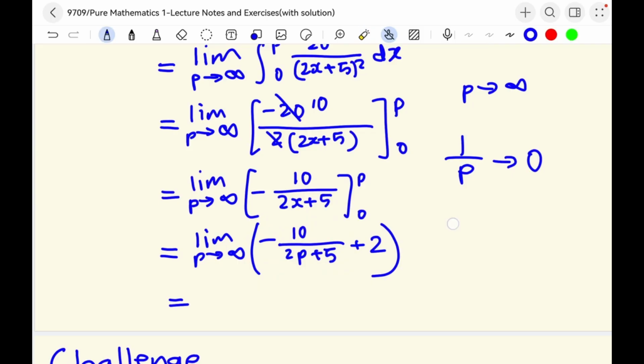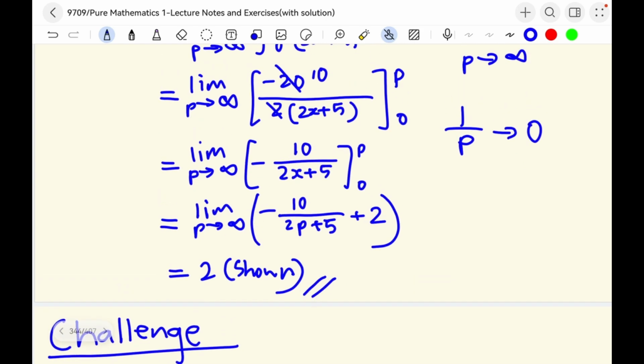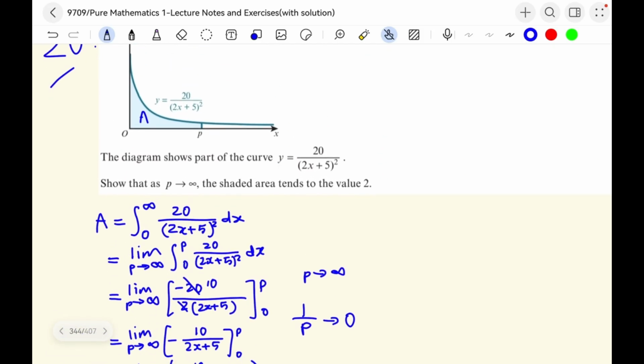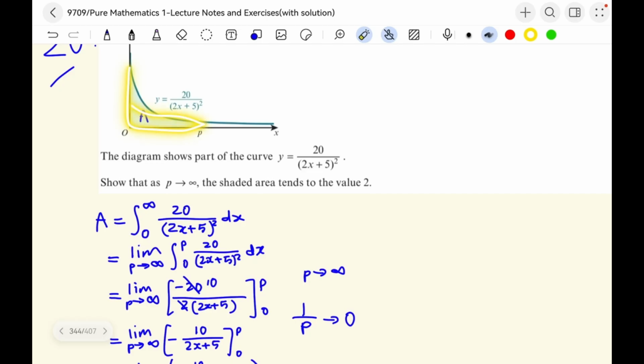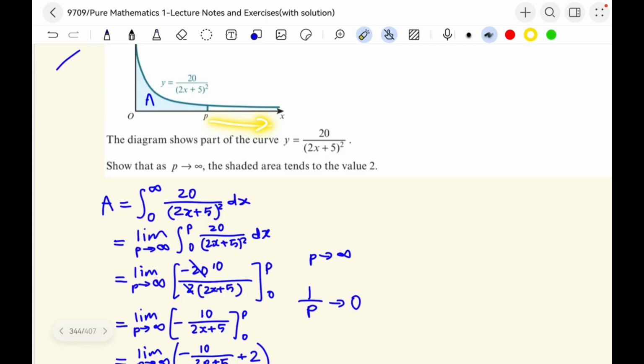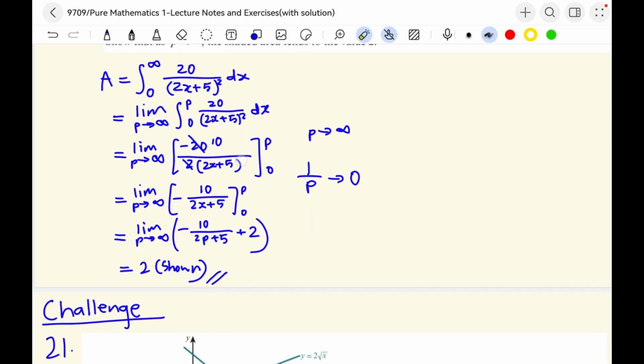So the answer goes to 2, shown. At this stage, you have successfully proved that the shaded area, as the upper limit goes to infinity, no matter how much p goes, you will get 2. Accurately, it can be 2.00000 and something, but we just consider the 2 only.